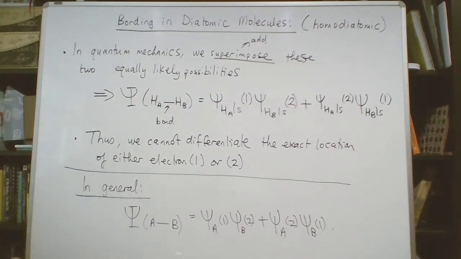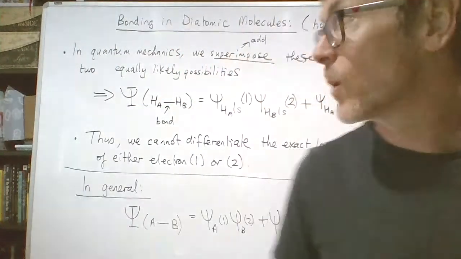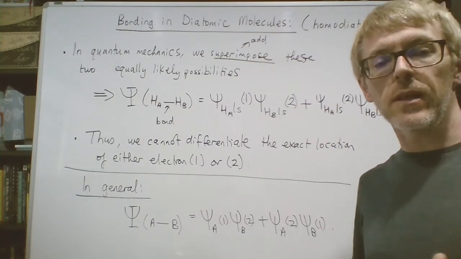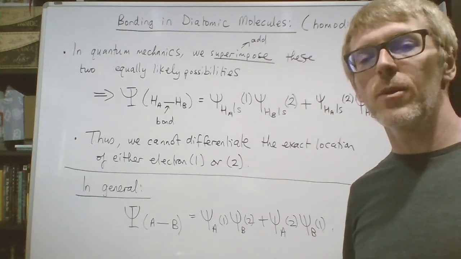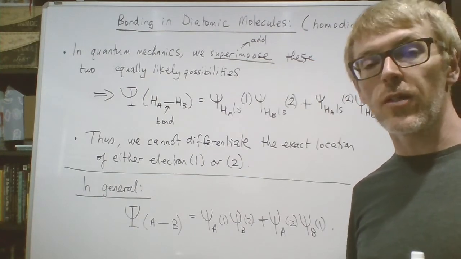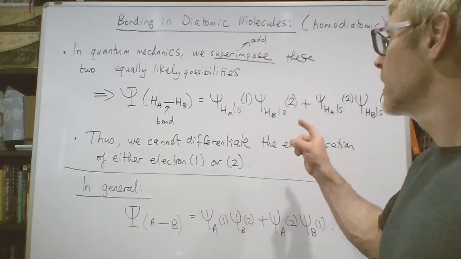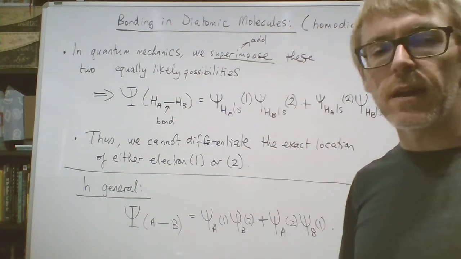Okay, so before we clean this board up and move on to our next board, I just want to clarify why we have a positive sign here. If you recall my video on Pauli exclusion principle where we had something called the Slater determinant, if you don't recall that, go back and look at that video. Having done that and now coming back again, we had a negative sign there.